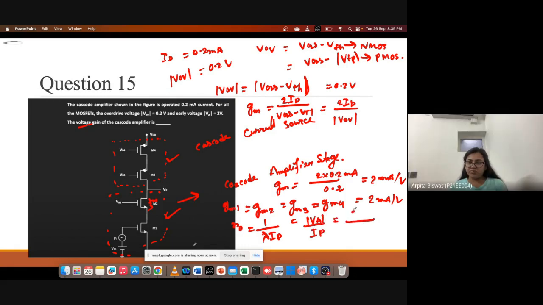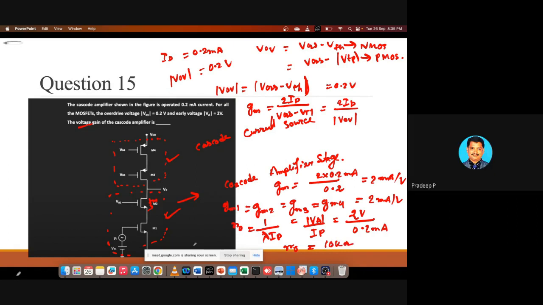Taking VA as 2 volt by 0.2 milliamps, we get R naught as 10 kilo ohm.